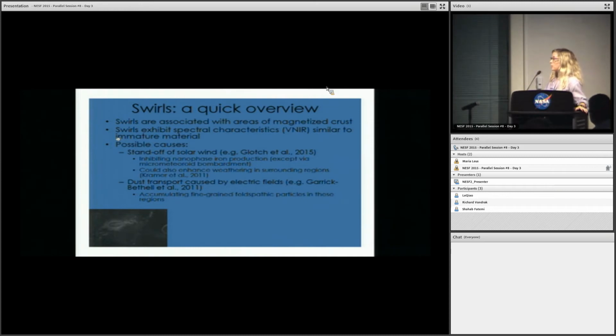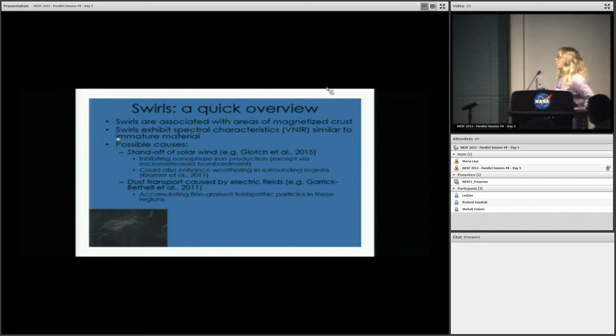Possible causes include a standoff of the solar wind, like they're shielded from the solar wind, making them less weathered, and so that would make them appear less mature, because it would inhibit nanophase iron production, except via any micrometeoroid or other weathering processes.